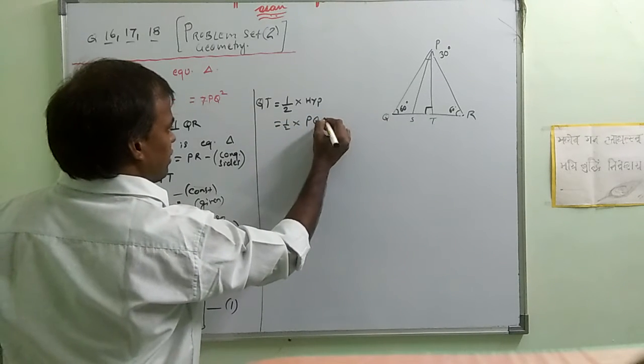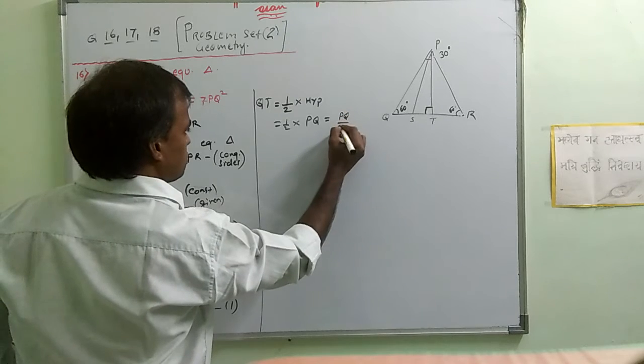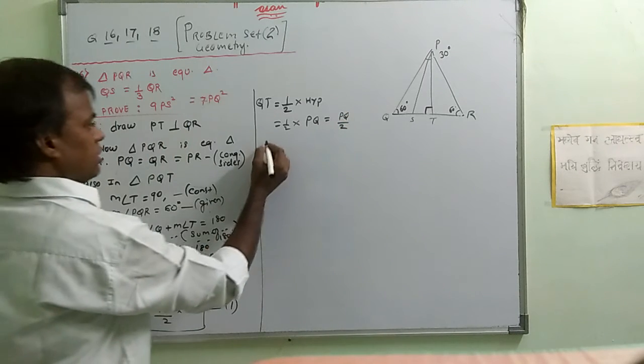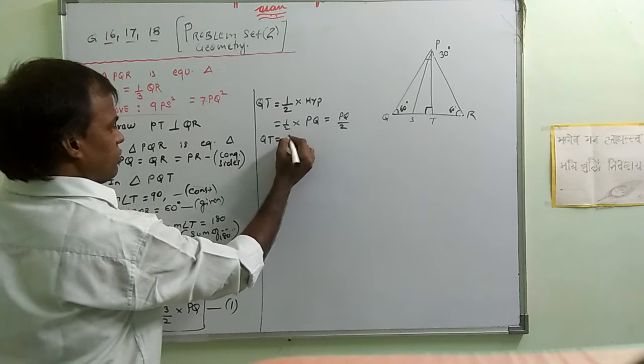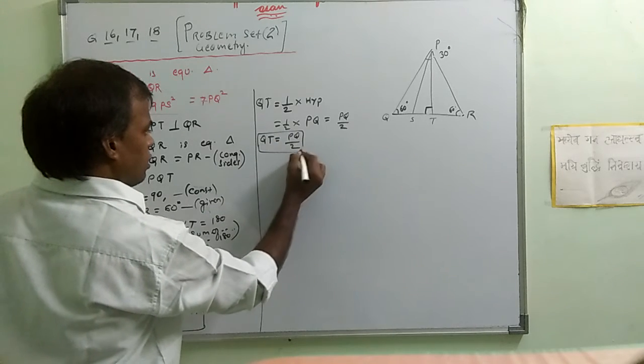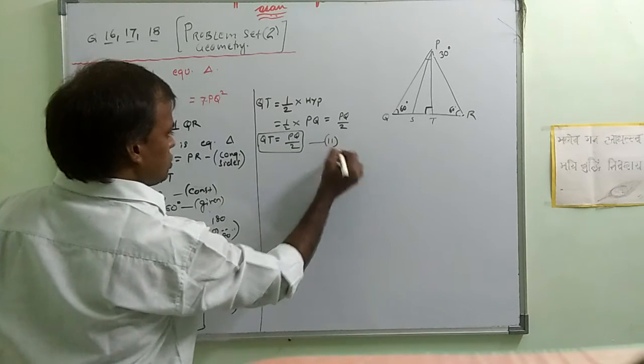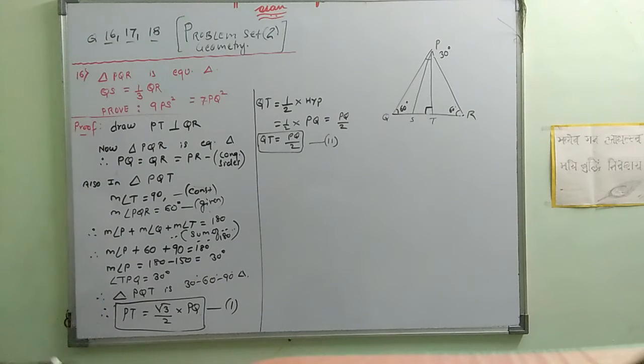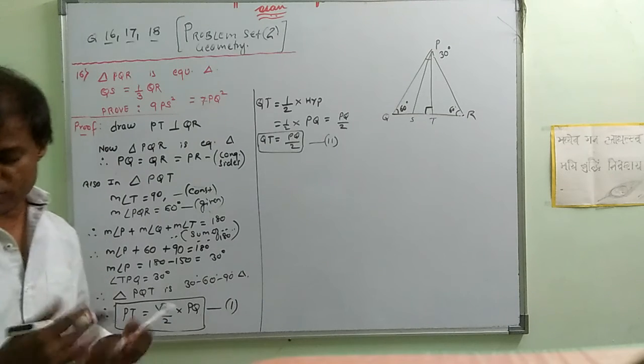So that will be PQ upon 2. So QT is PQ upon 2. This is 2. Now these two values we have got, which we will use further.